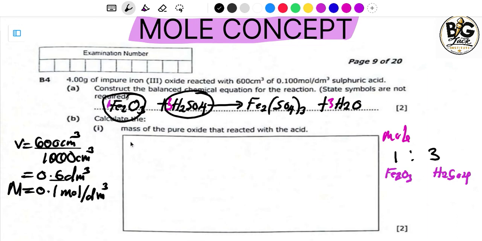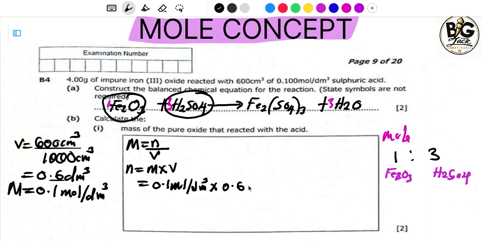We know that molarity is equal to the number of moles divided by the volume, so number of moles is molarity multiplied by volume. That is 0.1 multiplied by 0.6, and I'm going to get 0.06 moles. This is the number of moles of sulfuric acid.